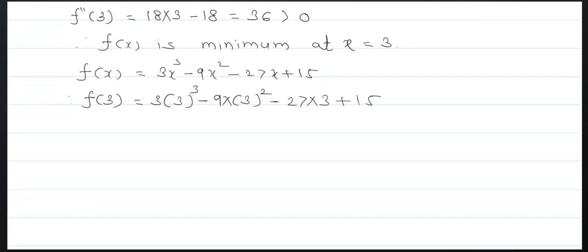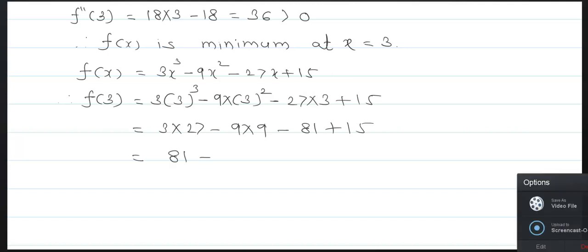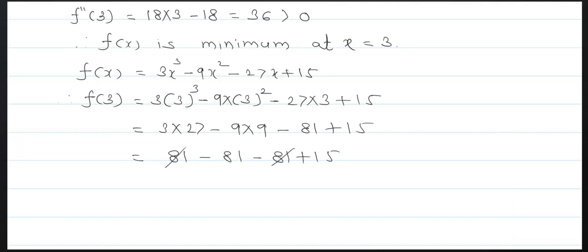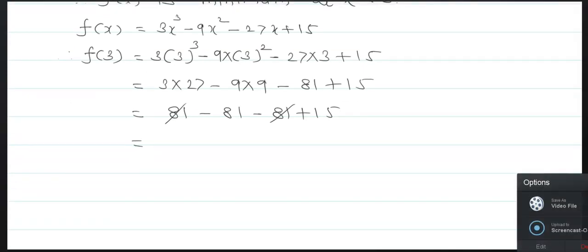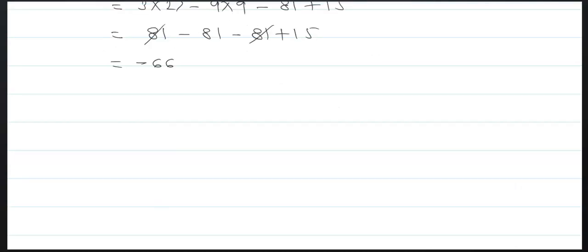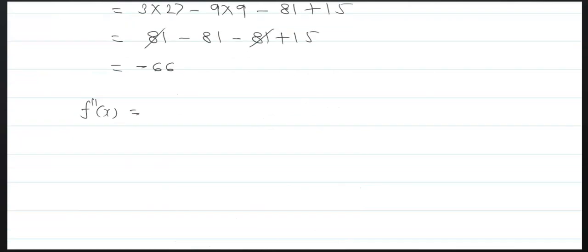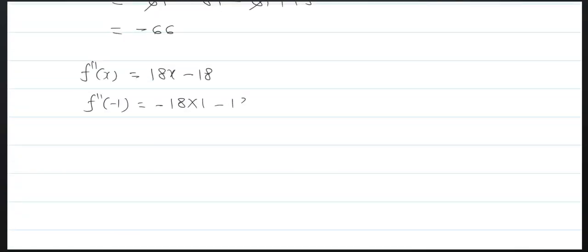Substitute the value x is equal to 3. These are the calculations. That is minus 66. Double dash of x is equal to 18x minus 18. At minus 1, which is negative, minus 36, less than 0.